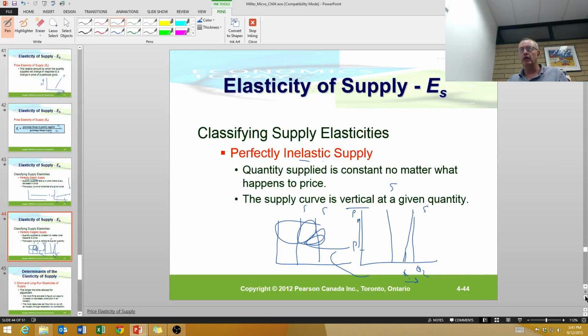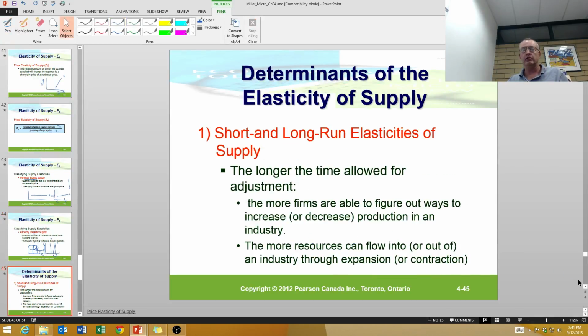Okay, and what are some factors that affect the steepness of the supply curve? Because it's the steepness of the supply curve that tells us whether the elasticity of supply is elastic or inelastic. So the first factor is the length of time that producers have to adjust their production.